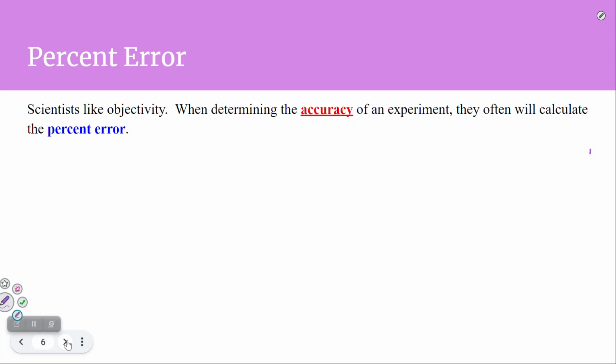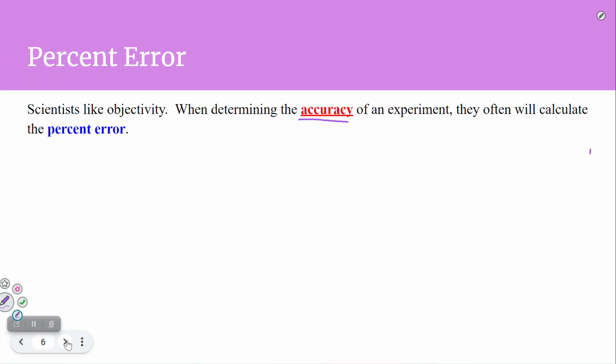This is what goes in your blank there. It's a very simple calculation. All you need is the accepted value and the experimental value, and that will suffice.